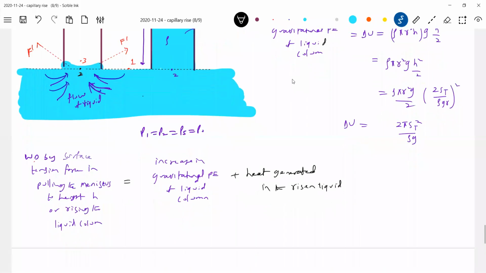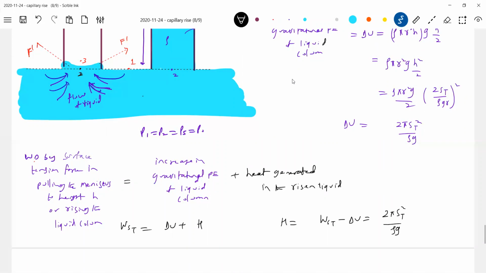So how much is that heat generated? We know work done by surface tension is delta U plus H. So what is H equal to? W surface tension minus delta U, which should be equal to 2 pi S square cos square theta by rho g. So in capillary rise, will energy be released or absorbed? Energy will be released. Shall we put a conclusion?